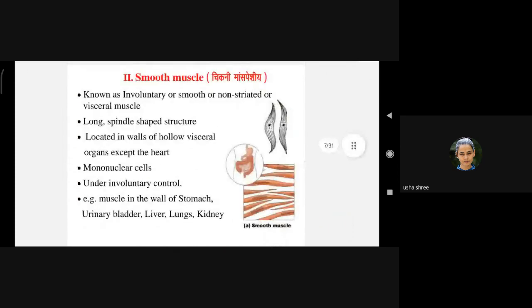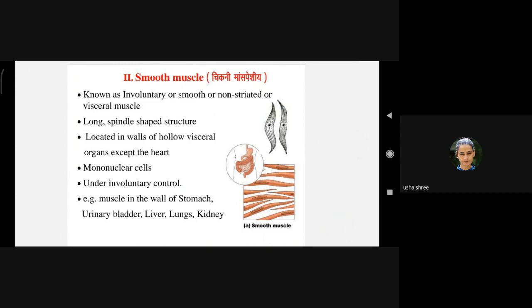Now, smooth muscle, known as involuntary or smooth or non-striated or visceral muscle. So these are the names you should remember. Involuntary muscles, smooth muscles, non-striated or visceral muscle.